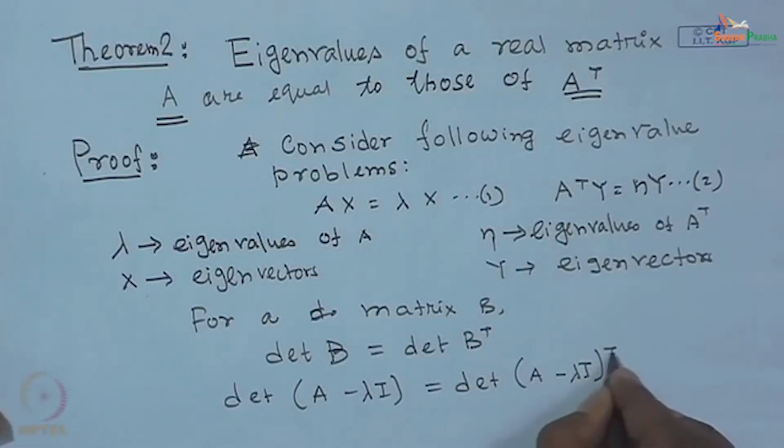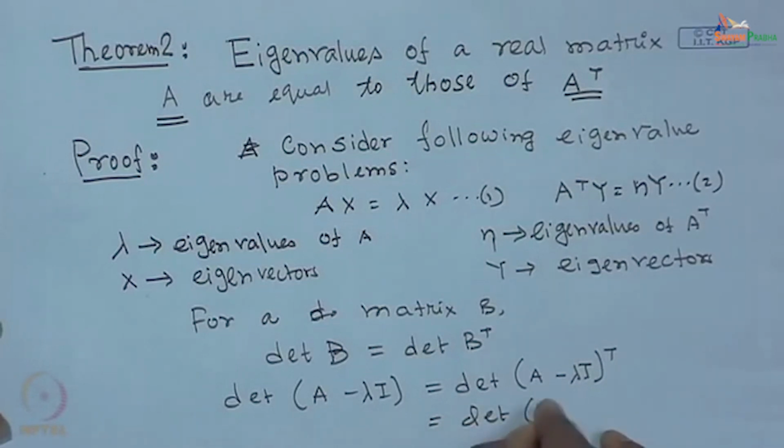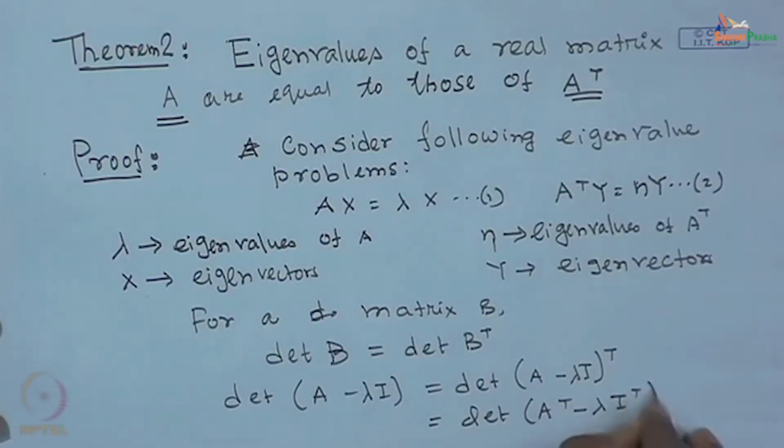So, we just open up this transpose operator here. So, this becomes determinant of A transpose minus lambda, being a scalar, multiplied by I transpose, but I transpose, since I is an identity matrix, remains the same.